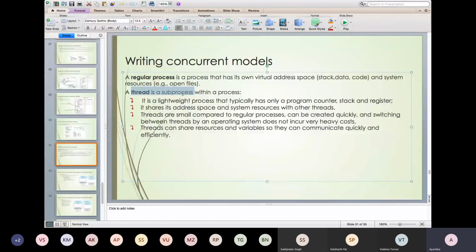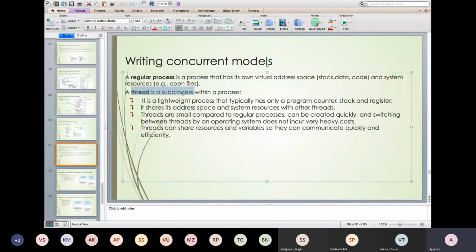So of course, think about your elevator control model. If you have divided your FSM into sub-FSMs, sub-states, then you can assign one thread for one state, and take the help of these lightweight processes, which will execute your states faster.